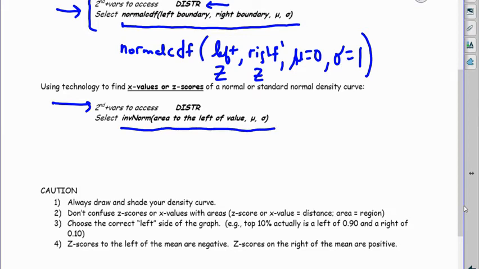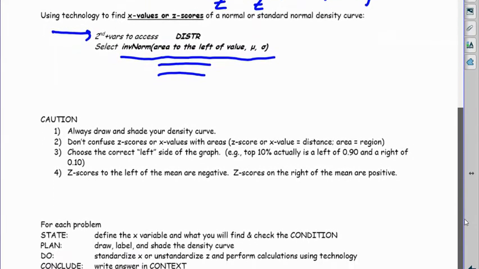Now in your calculators, the newest software, actually you can select area to the left, area to the right, or area in the middle. So you'll select what you want, but I'm kind of used to just doing the area to the left. So we're going to do those.